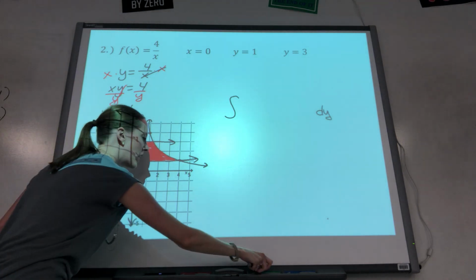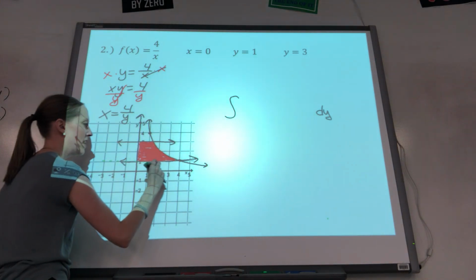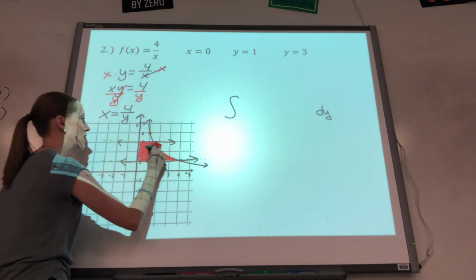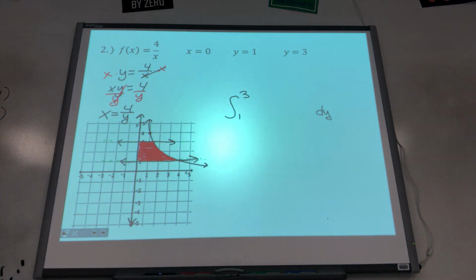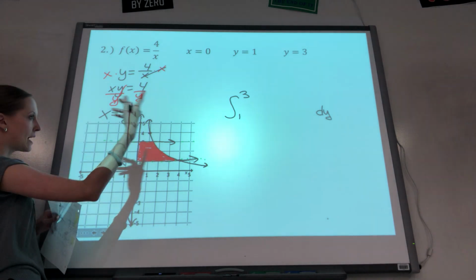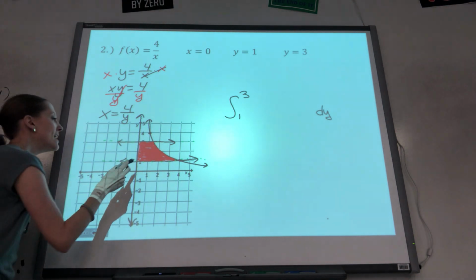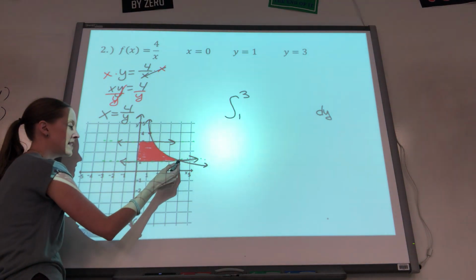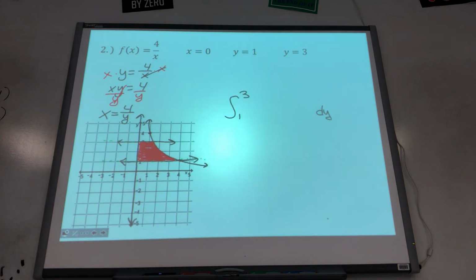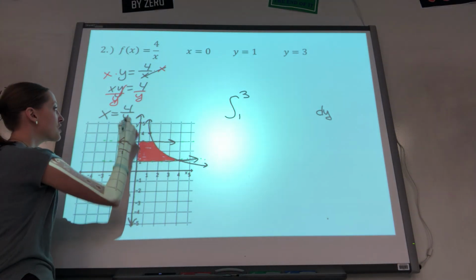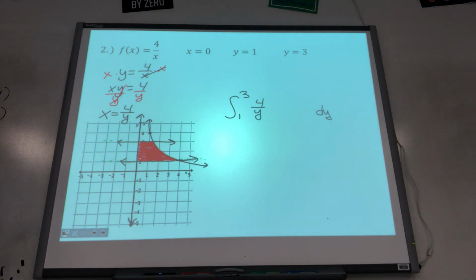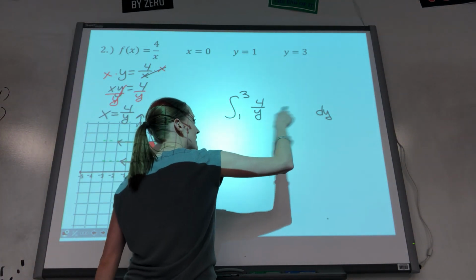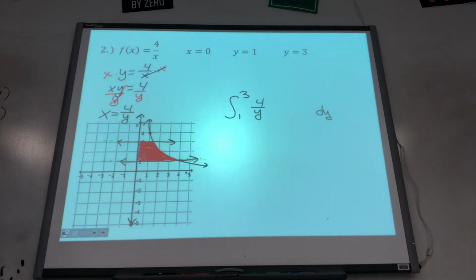Now, before I do anything else, the bounds here, remember we're thinking y values: lower bound is 1, upper bound is 3, and I'm integrating with respect to y, so I need function on the right minus function on the left. Function on the right, I'm using 4 over y, not 4 over x, because it would be weird to have x's if you're integrating with respect to y.